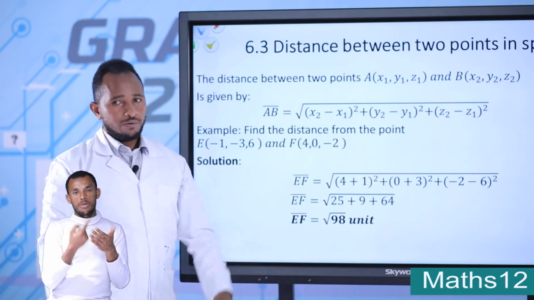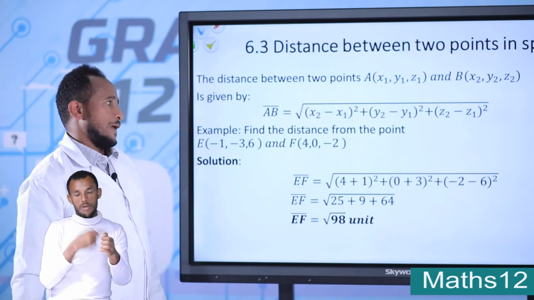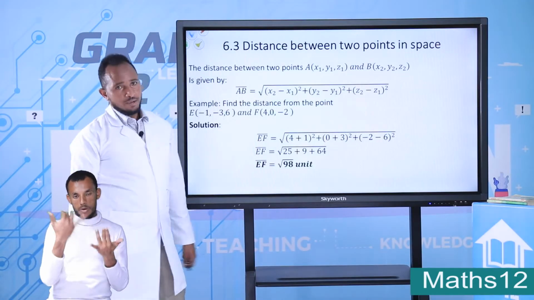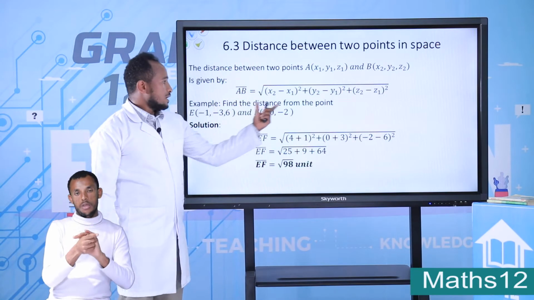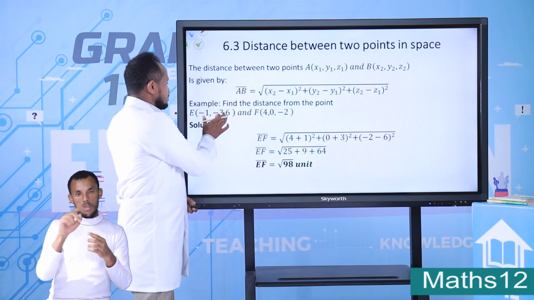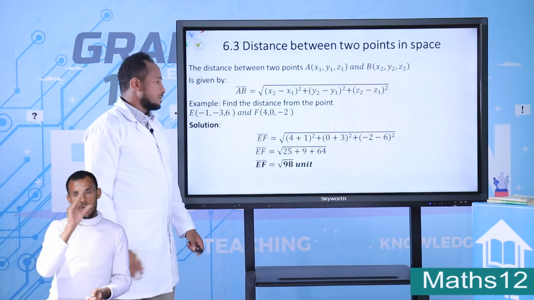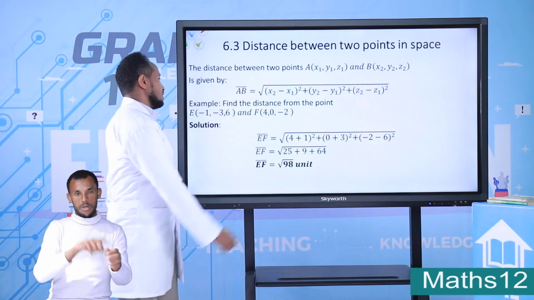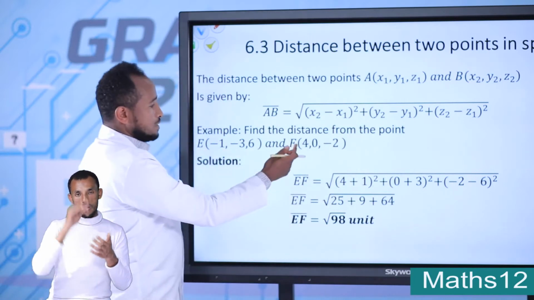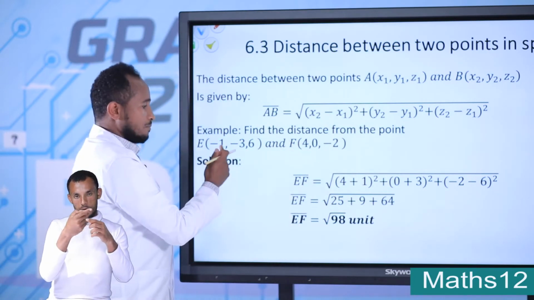Using this, you can evaluate the distance between 2 points in space. Now let's see an example. Let's try to find the distance between these 2 points, E and F. This distance will be the square root of the difference between the x coordinates, 4 minus 1.